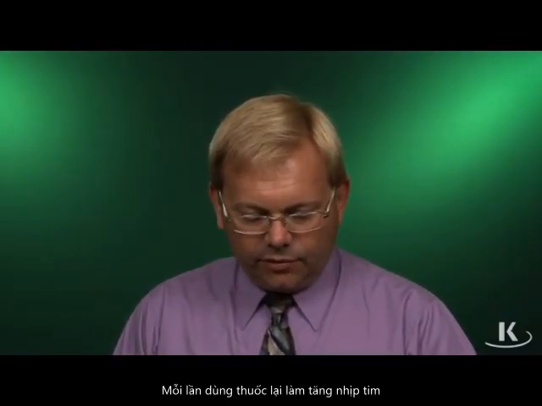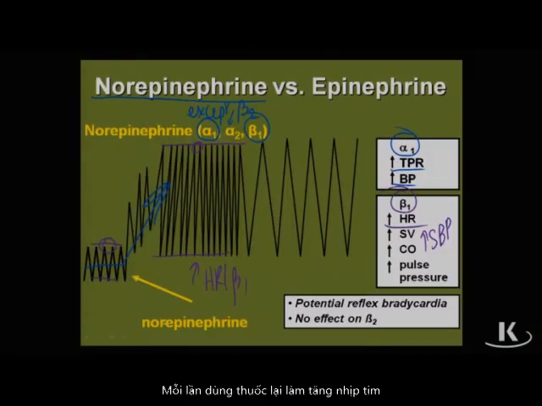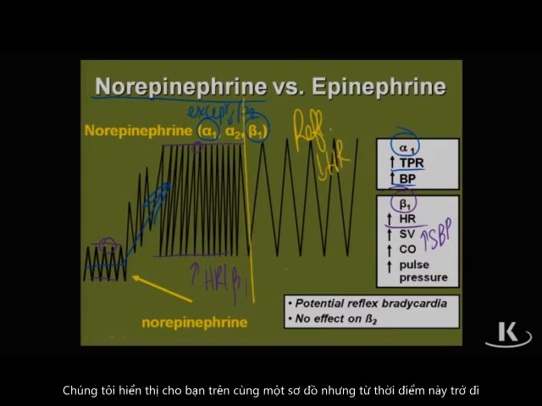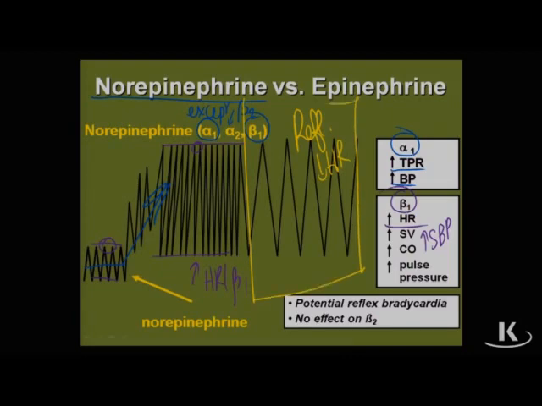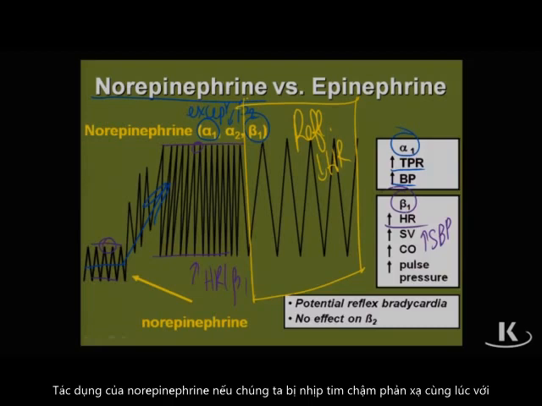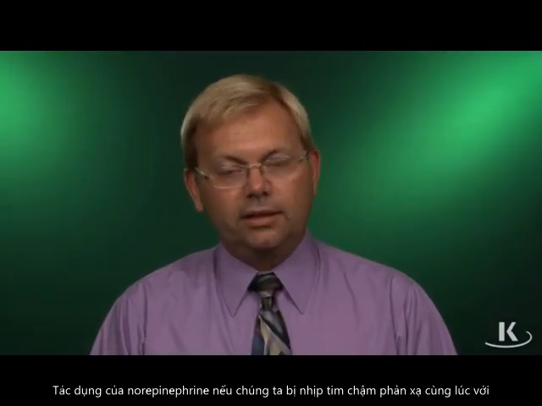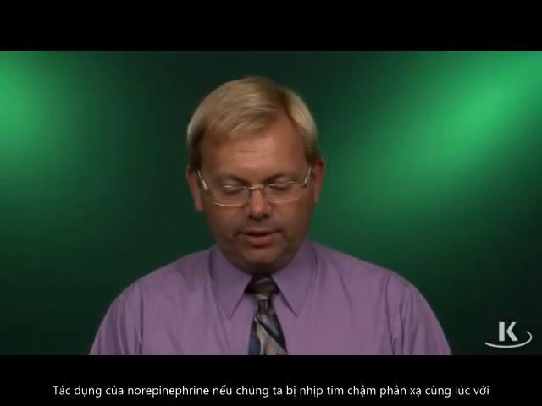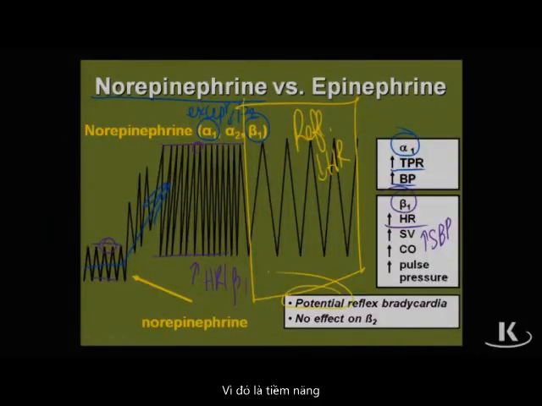Every time a drug increases the blood pressure, there's always the potential for a reflex bradycardia. And we show you on the same diagram, from this point on, I'm squaring it off in yellow here, the effect of norepinephrine if we had a reflex bradycardia at the same time as we had the hypertension, because it's a potential.